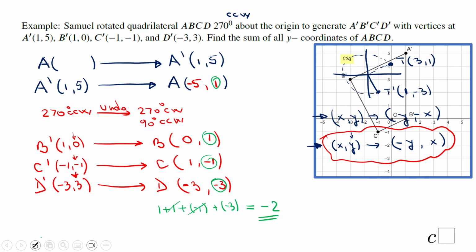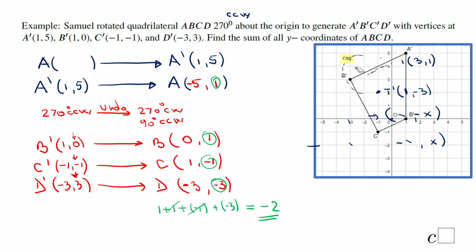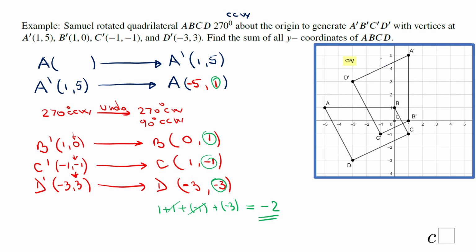Let's see a little bit of a graph. Oops, let me erase that side where I put all these rules. And this is A prime, B prime, C prime, D prime, the image. Let's be consistent with the lesson. And this is the result of rotating A, B, C, D 270 degrees counterclockwise.